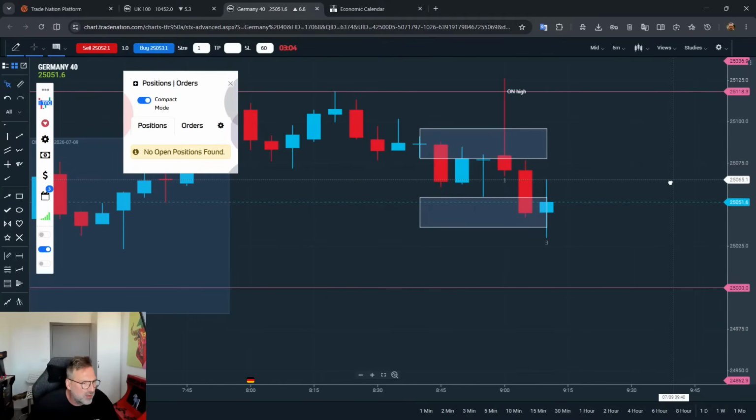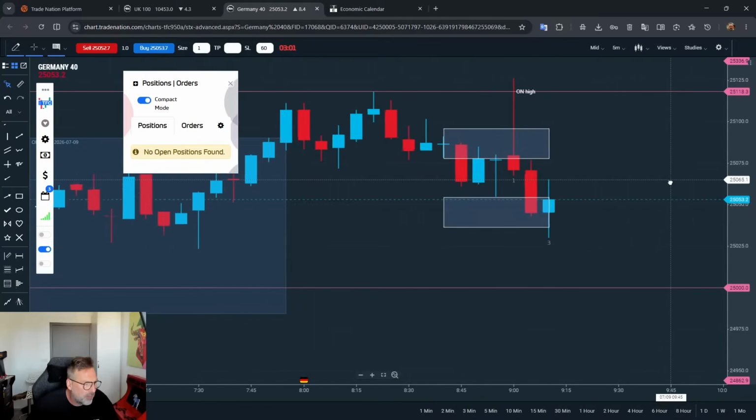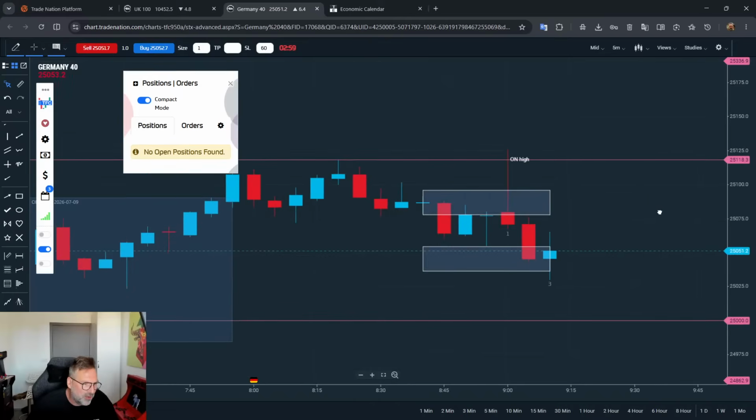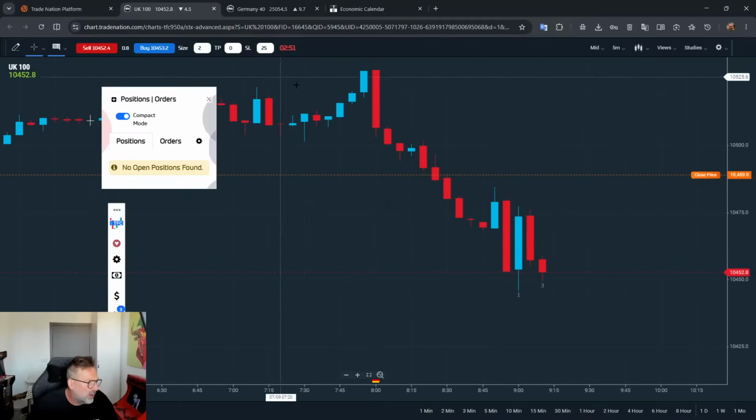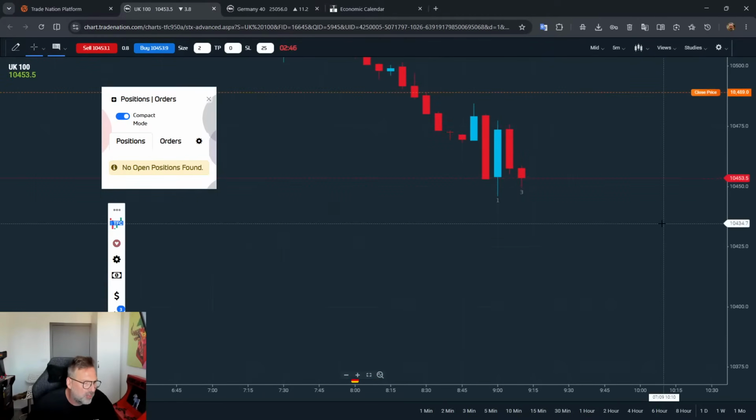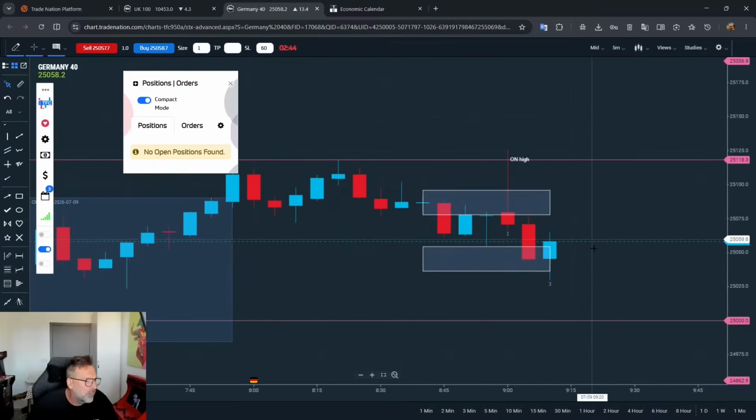But as I said, ladies and gentlemen, today I would be very surprised if we see yet another trend day. So in a range-bound environment, with most of the techniques we have to be a little bit careful because they're all breakout trades. Here, mean reversion plays would probably work much better.